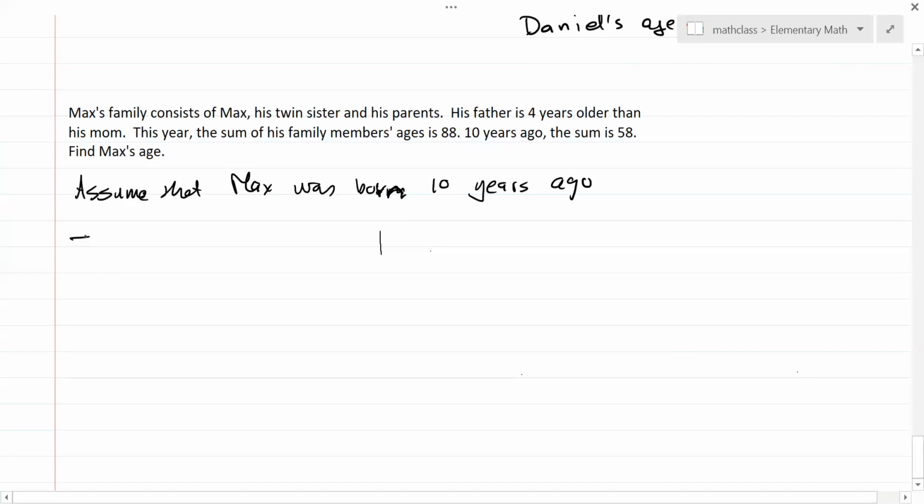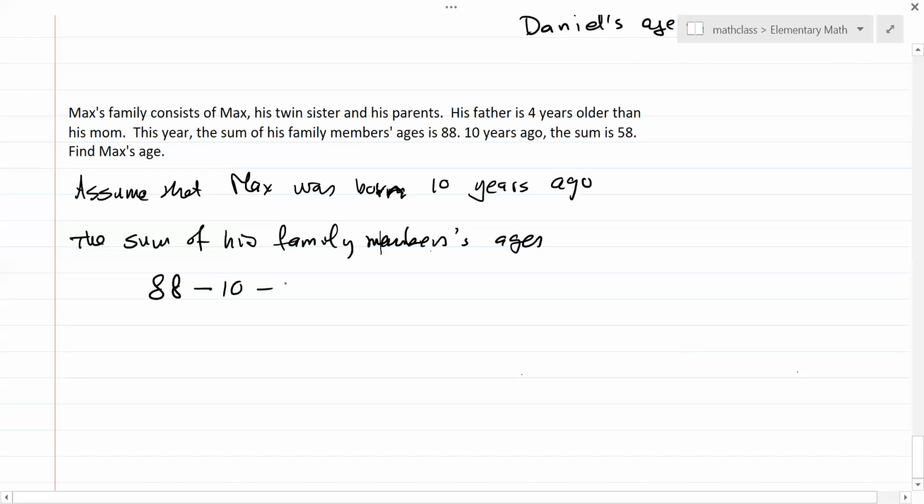The sum of his family members' ages can be calculated in the following way. First of all, 88. 10 years ago, his father is 10 years younger, his mother is 10 years younger, Max is 10 years younger, his sister, 10 years younger. So you subtract the 40, let's get 48. Oops, 48 is less than 58.